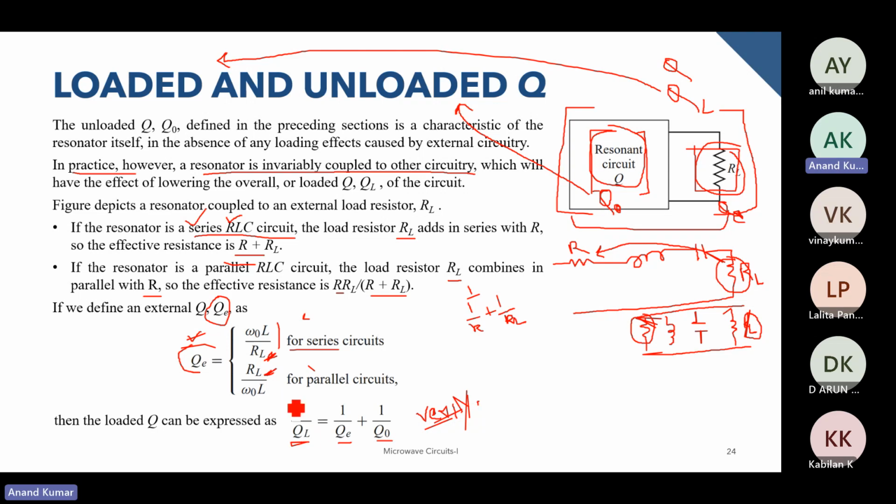And hence, if you are writing 1 by QE, the RL will come in the denominator for parallel circuits, and for series circuits it will come in the numerator. And for Q naught, you know that the resistance is in the numerator, and for QL also. So this will simplify. I will leave this up to you to solve as an assignment.